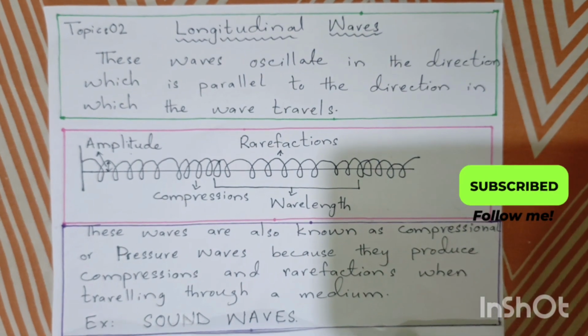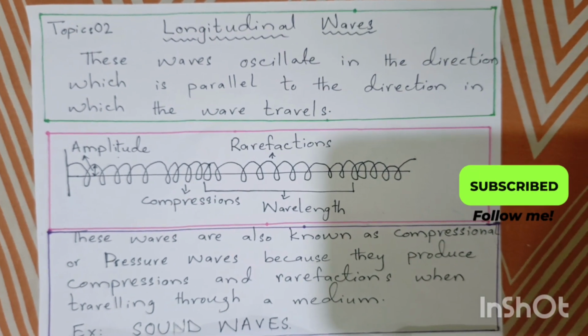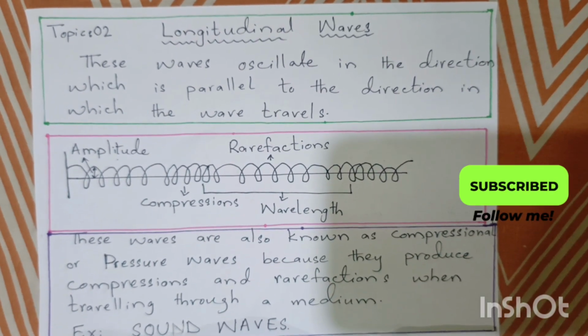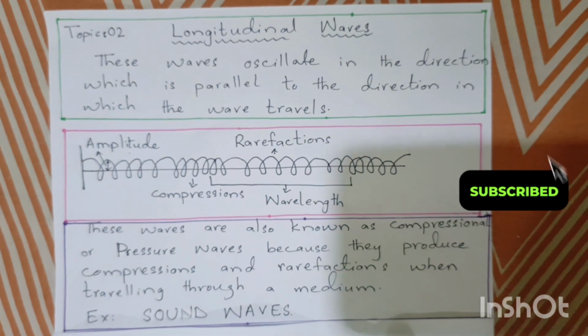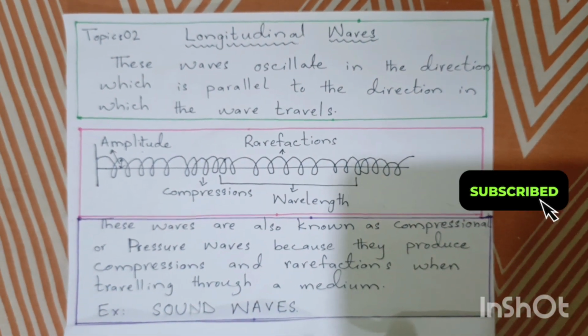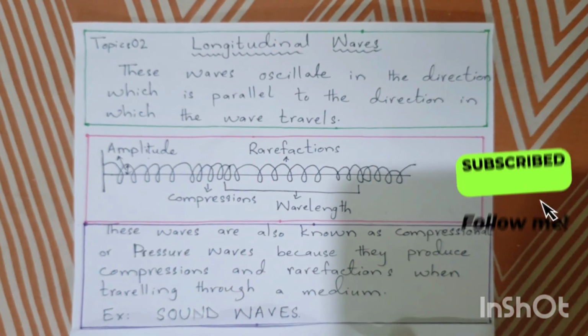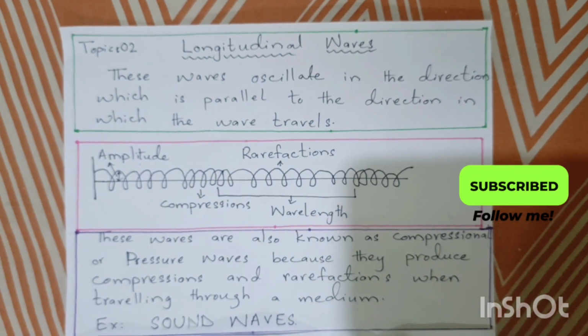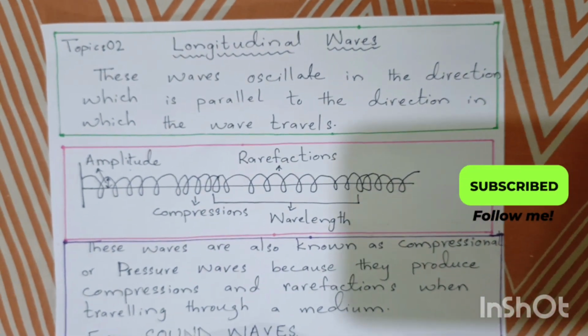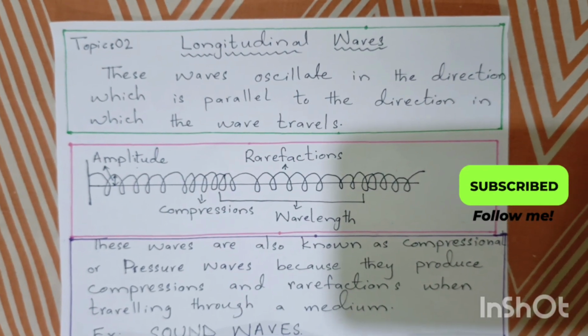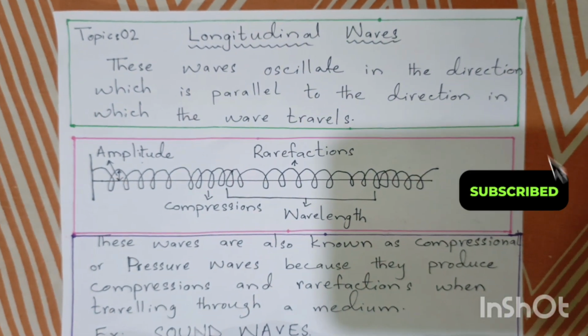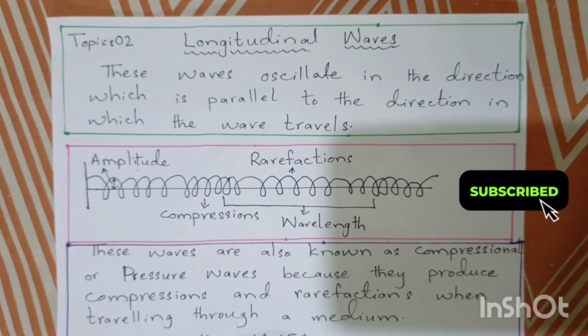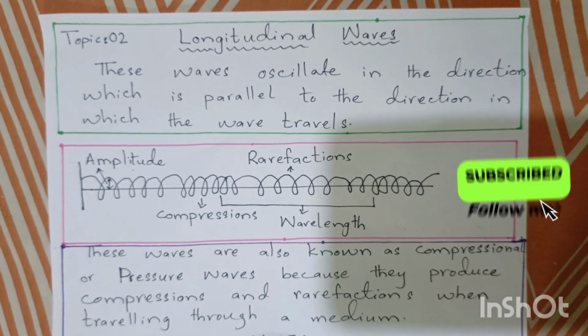These waves oscillate in the direction which is parallel to the direction in which the wave travels. Now, oscillate basically means vibrate. These waves vibrate in the direction which is parallel to the direction in which the wave travels. Now, what does the word parallel mean? Parallel means side by side.